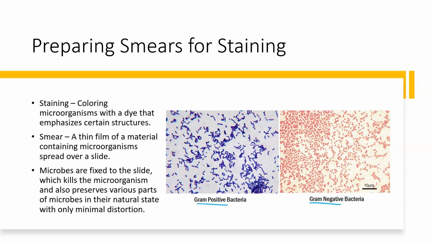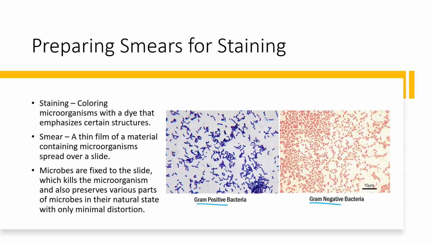Gram staining is a way of differentiating between gram-positive and gram-negative bacteria. Gram-positive bacteria, based on the composition of their cell wall, are going to retain the purple color, and gram-negative bacteria, based on the composition of their cell wall, are not going to retain the purple and are going to be counterstained with red. This allows us to see side by side the purpose of staining.